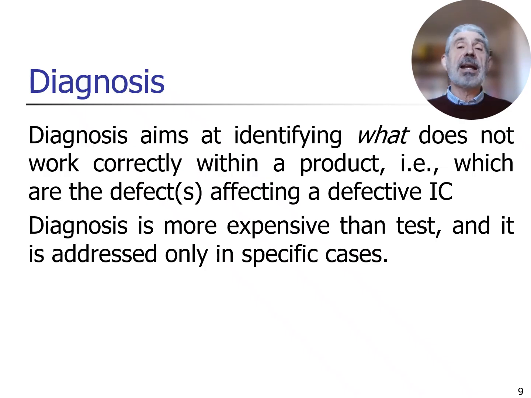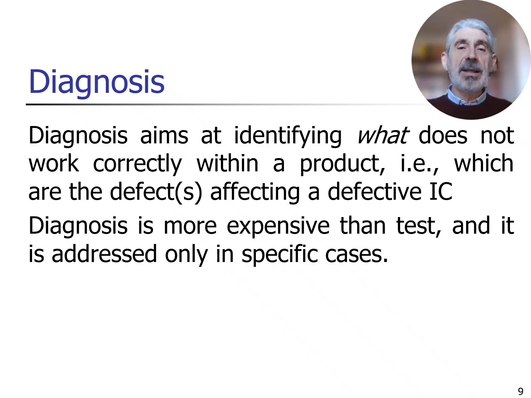Second reason, there are a few cases, in particular in the area of memories, where if you know which is the defect inside the circuit, you can fix the circuit, repair it by reconfiguring it in some cases. Once again, you need to know exactly what is wrong, which is the defect existing in the circuit. In this case, we speak about diagnosis.